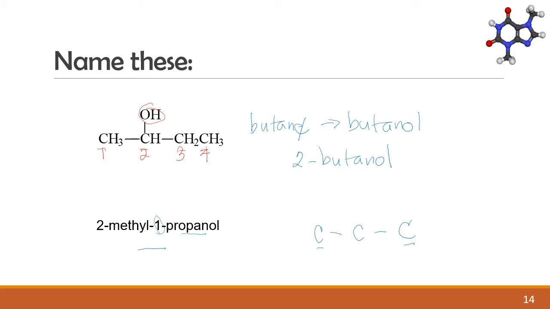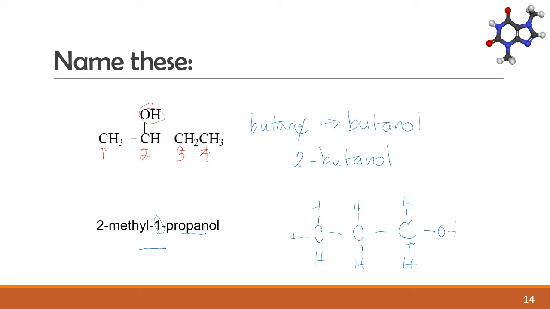Either way is correct. Let's put the hydroxyl group here. Then we fill in the missing bonds to complete the octet rule of carbon. So we have 1 propanol.